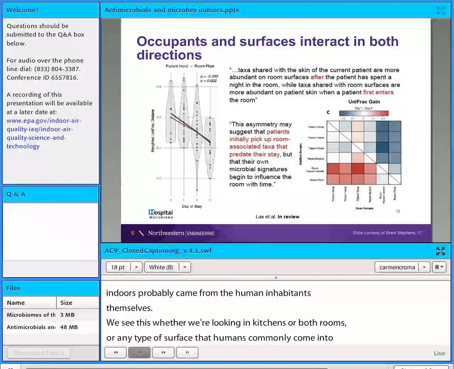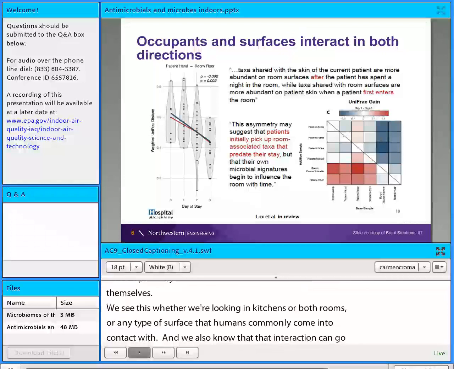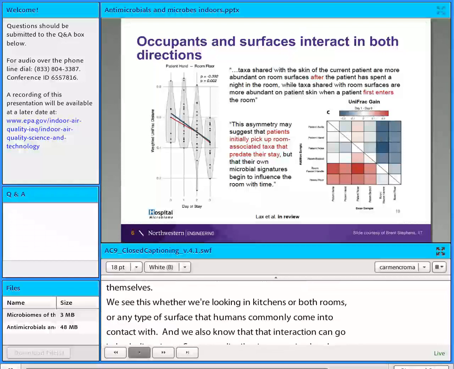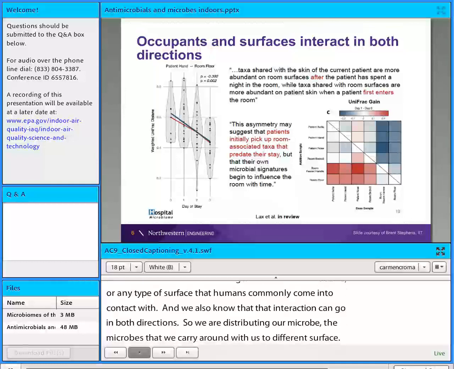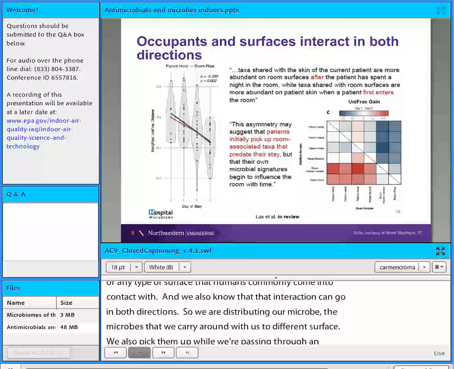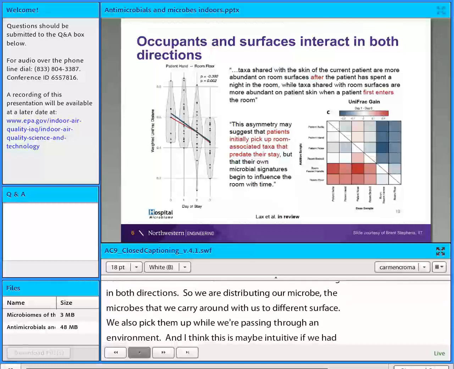And we also know that that interaction can go in both directions. So we are distributing our microbes, the microbes that we carry around with us, to different surfaces, and we also pick them up while we're passing through an environment. And I think this is maybe intuitive if we had just sort of thought, like, of course you would be inoculated by the microbes that are around you.